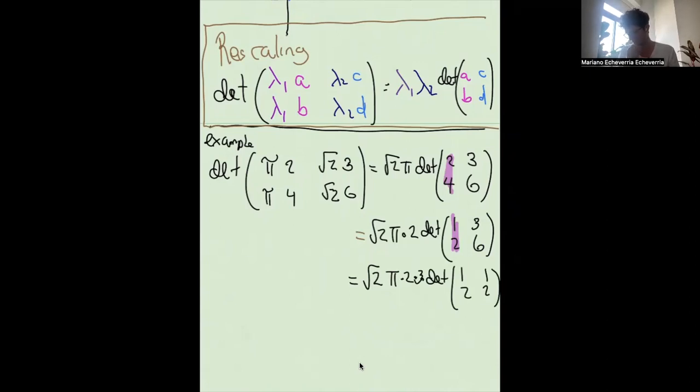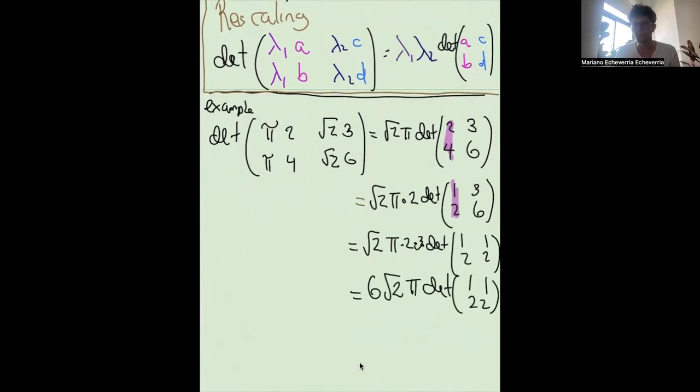Okay. Is that making sense? And then yes, it would be a 6 root of 2 pi. Now this determinant, we'll see, ends up being 0, right?